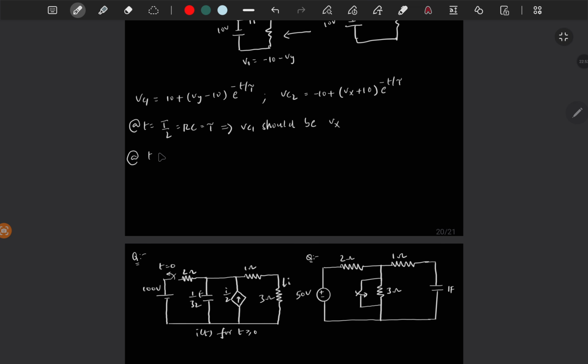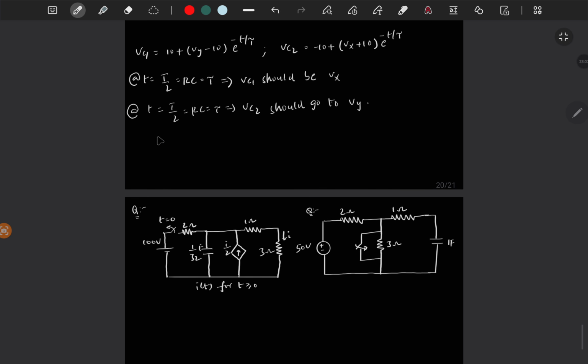At the same time, Vc2 should go to Vy, right? So if in place of Vc1 you want to write Vx, then you should put t as tau, which gives e power minus 1.